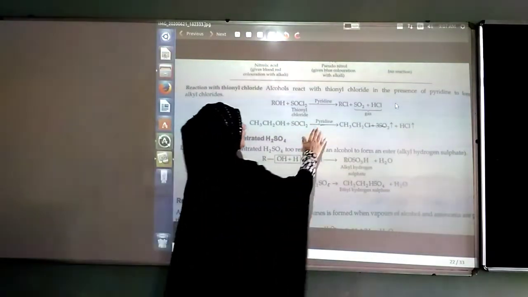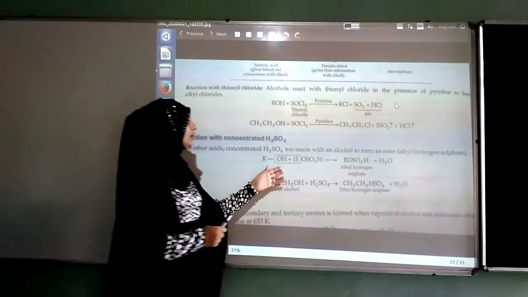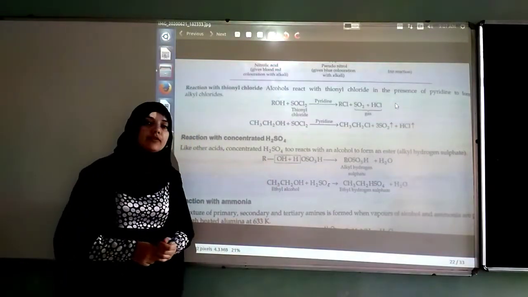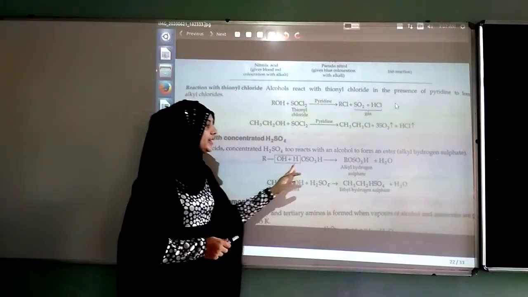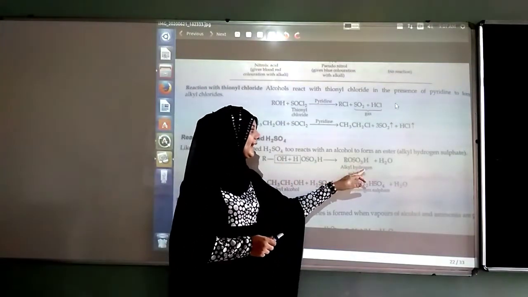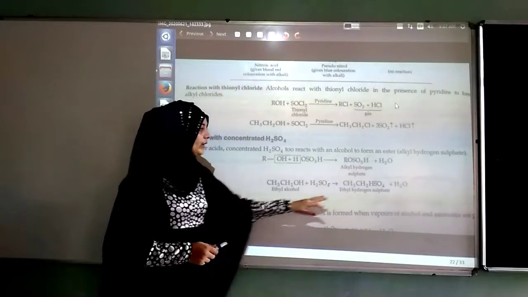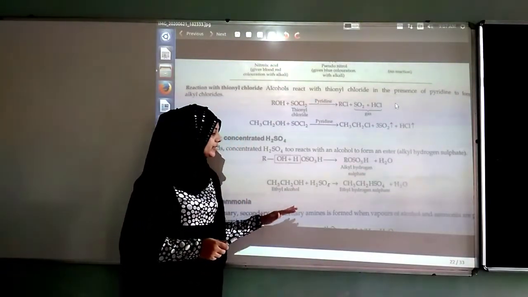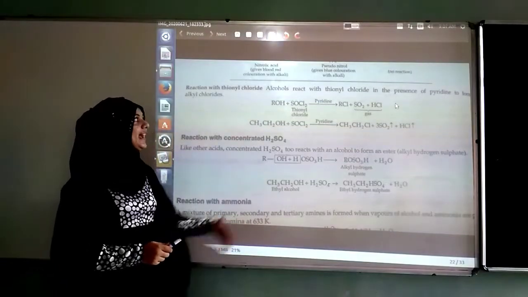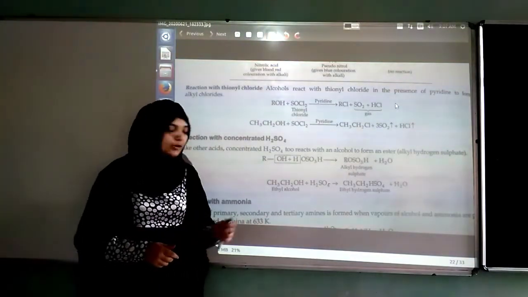Also, if we go with the reaction of concentrated sulfuric acid, OH and H go out, and you get alkyl hydrogen sulfate. As we have ethyl hydrogen sulfate in the case of ethyl alcohol. So this is what is formed in the reaction with concentrated sulfuric acid.